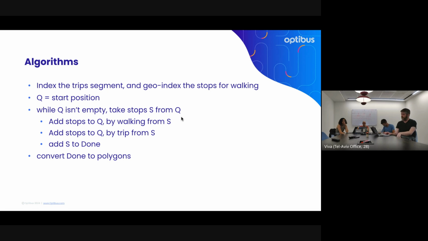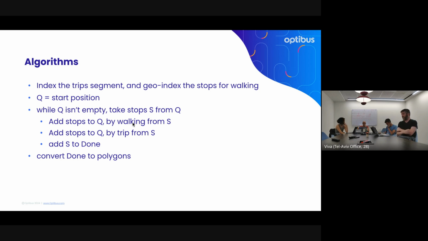So I add stops by walking, and every time I want to add a stop by walking, I check. Let's say that now at stop S I am at 20 minutes, and I can walk 3 minutes and be at stop X after 22 minutes. If at X we have infinity or something, I add it.